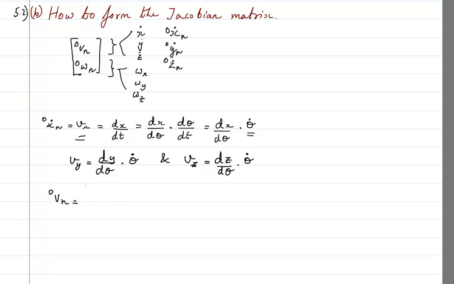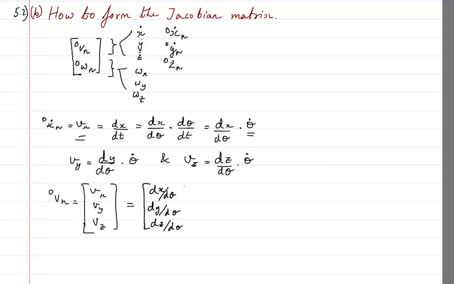If I put three values, it is going to be Vx, Vy, Vz, equal to, if I write this as three different equations, first equation, second equation, third equation, then I can basically write this as a vector: dx by d theta, dy by d theta, and dz by d theta, multiplied with theta dot.